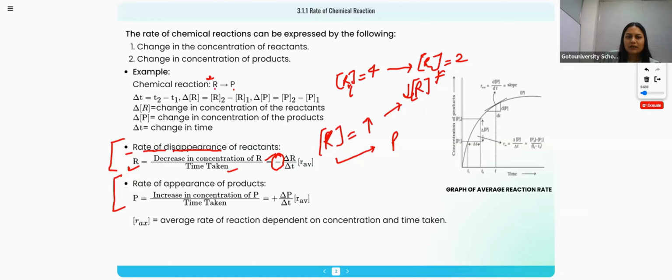By subtracting, final minus initial, and it will always be a negative value.